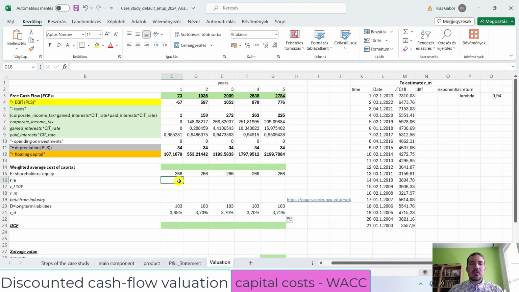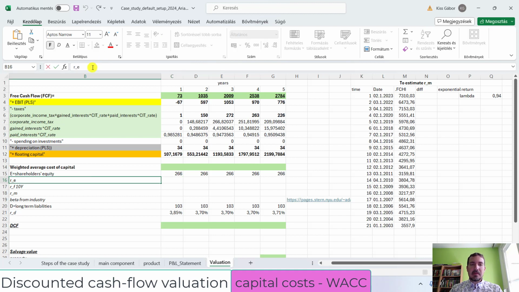So we have to assign some cost for the equity. So how can we do this? We can use the usual approach from the CAPM model, what you learned already on corporate finance.